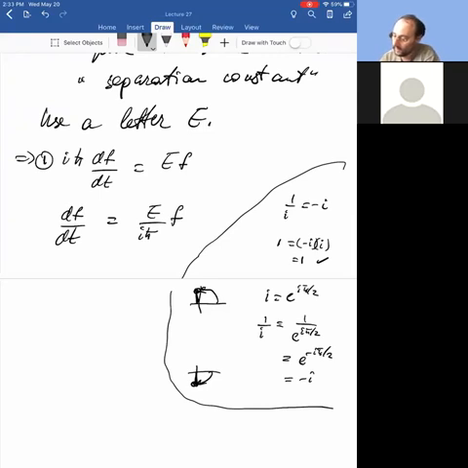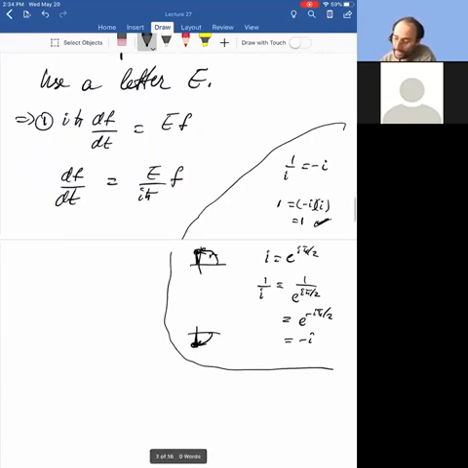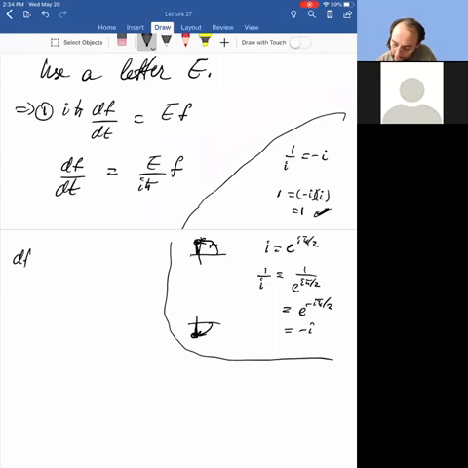You can just check that this is true, or you can realize that i is e to the i pi over 2. So you go 90 degrees, a phase of pi over 2. 1 over i is 1 over that, so it's e to the minus i pi over 2, going in the negative phase. It becomes minus i. In any case, df dt equals minus i E over h bar f.